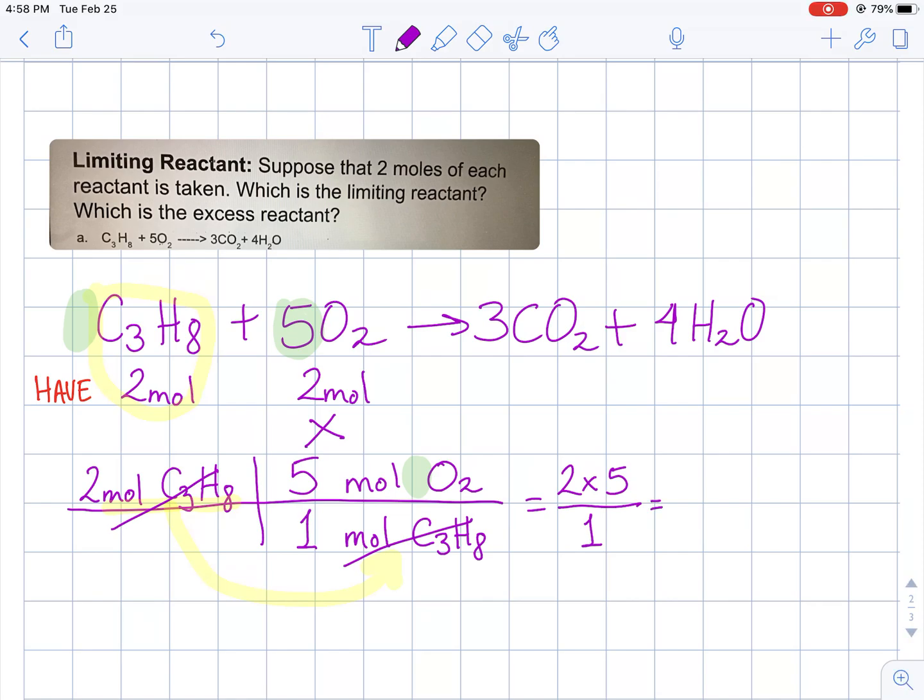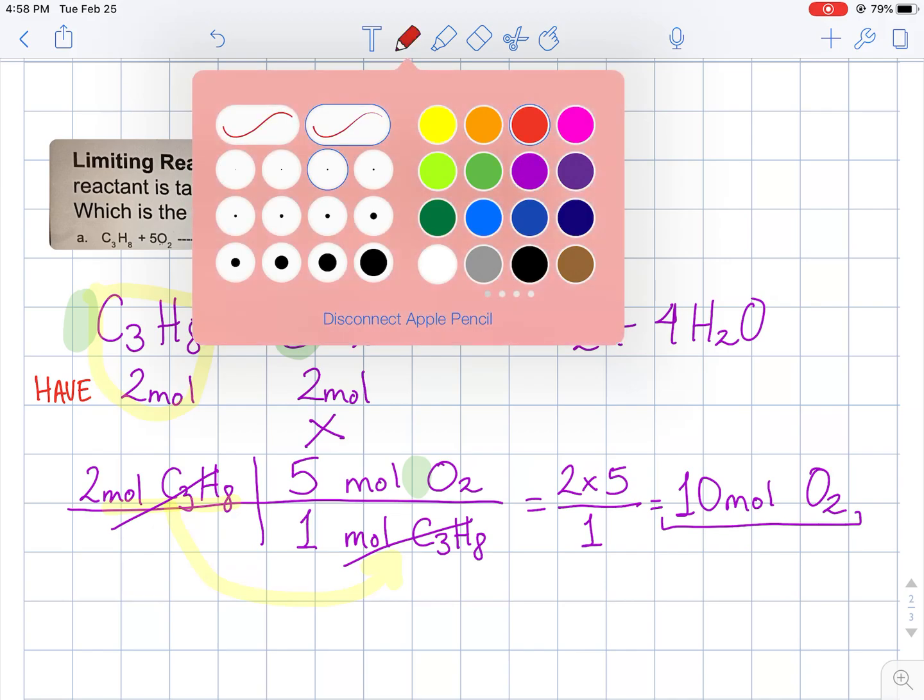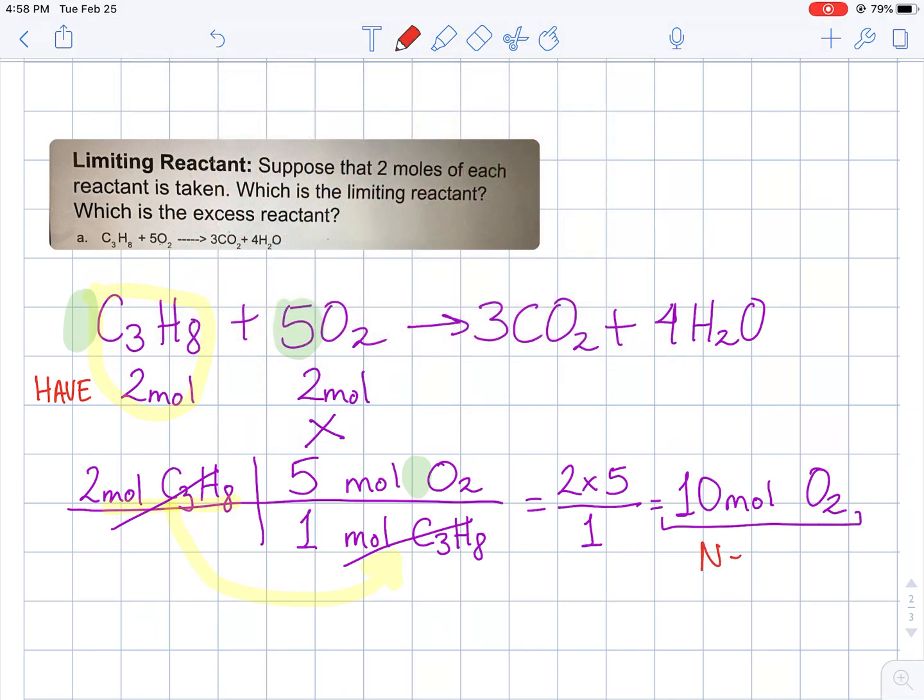So 10 divided by 1 will just give us 10. And we're left with moles of oxygen. Now, this part right here is what we need. If we were to use all the 2 moles of C3H8, we would need 10 moles of oxygen.